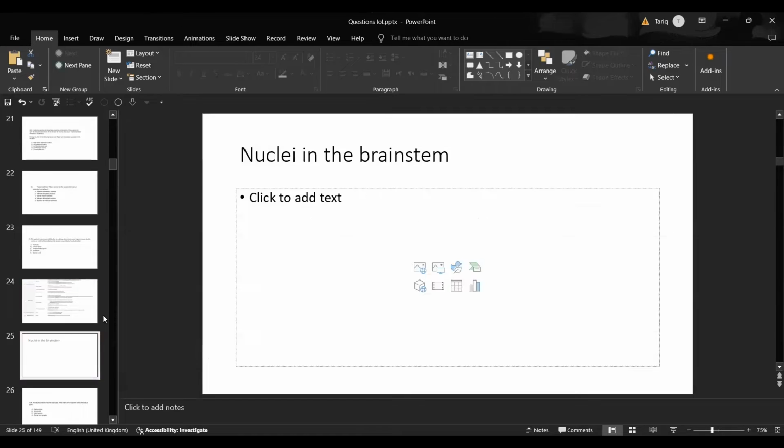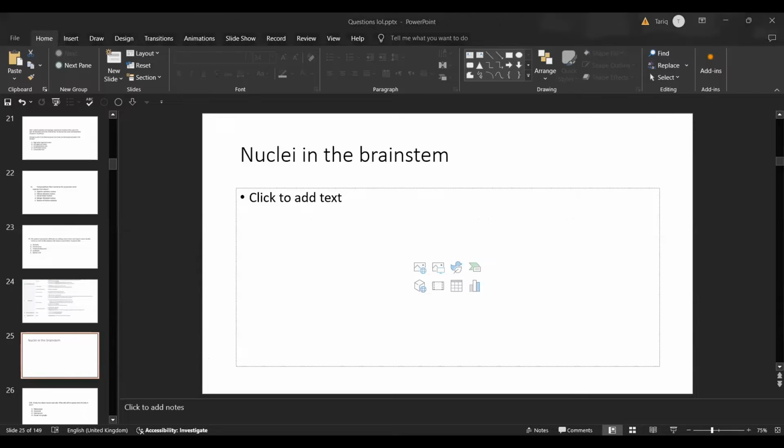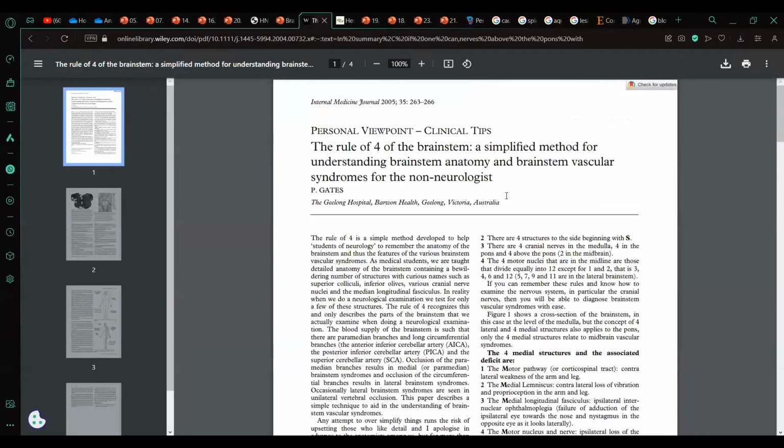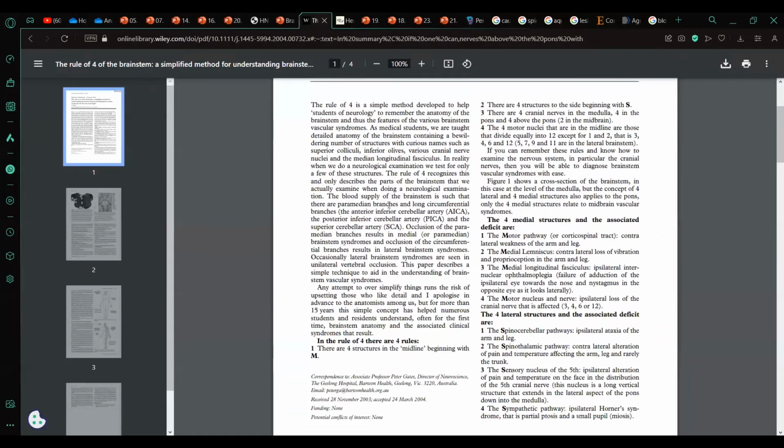Now, one other thing I want to recap very quickly is the brainstem, specifically the rule of fours. So the rule of fours is adapted from this paper, which came out in 2005, and it's very crafty.